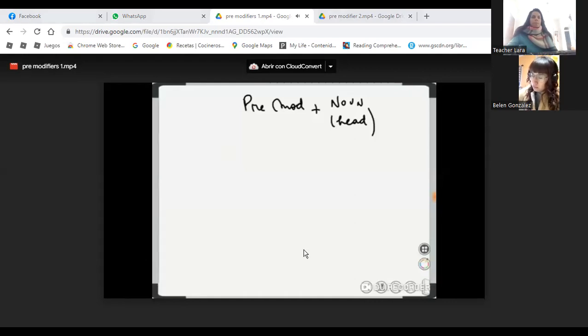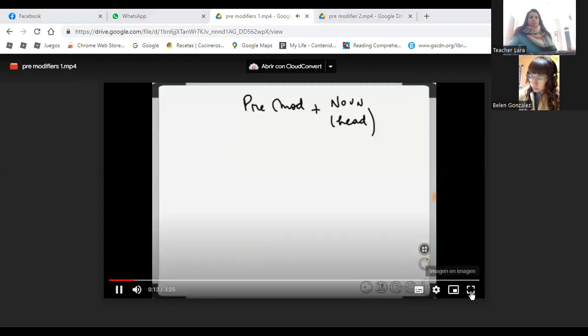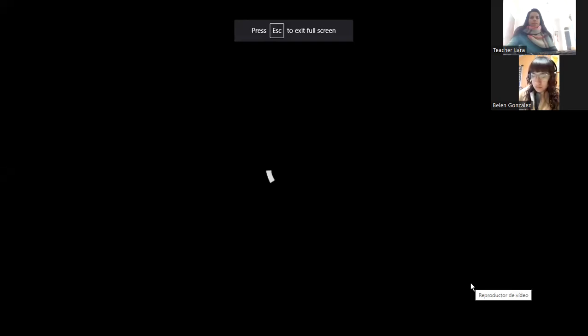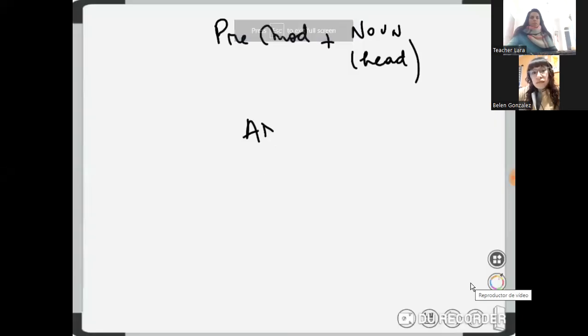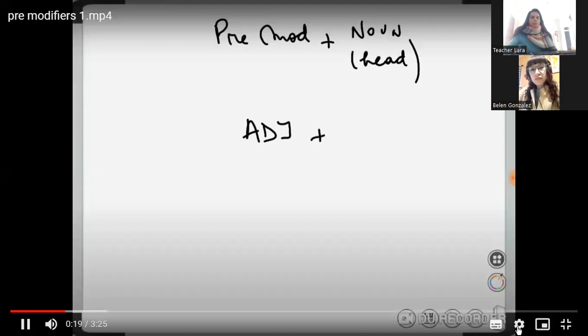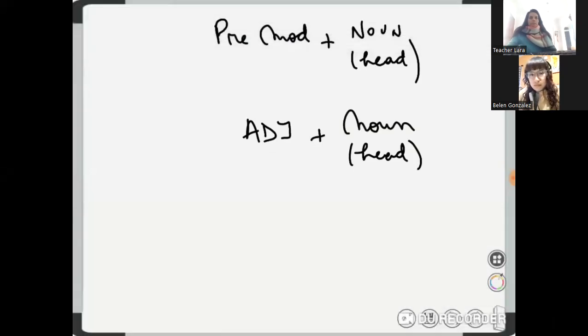The pre-modifier of a noun is an adjective. The adjective always appears before the noun which is the head, of course, and it gives a characteristic of that noun.